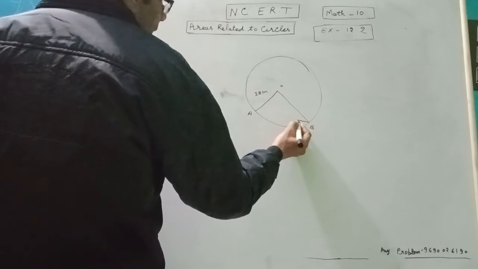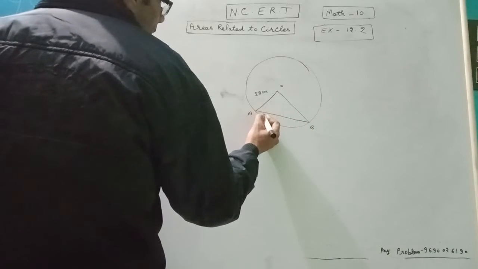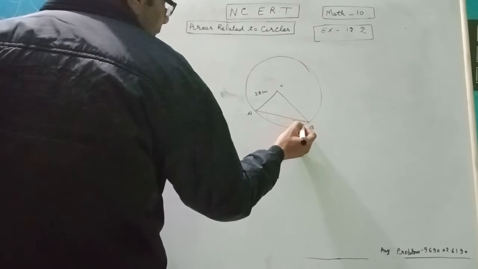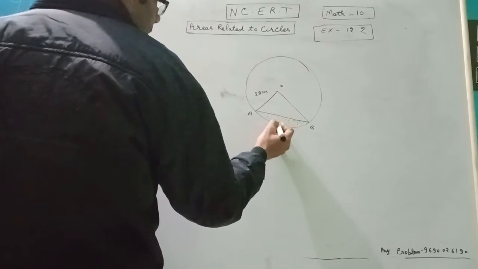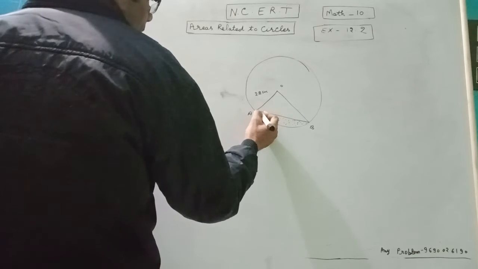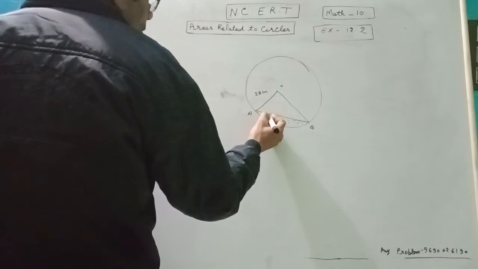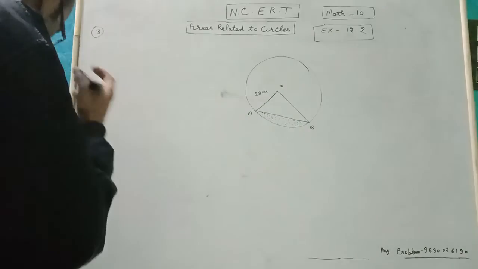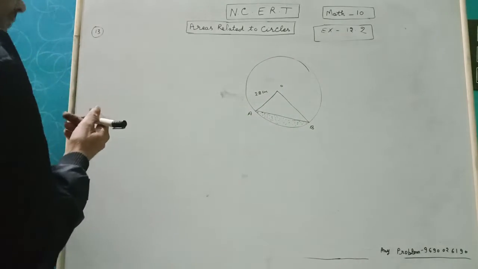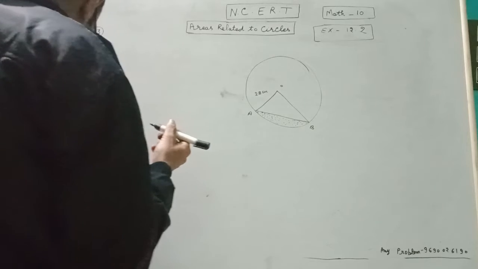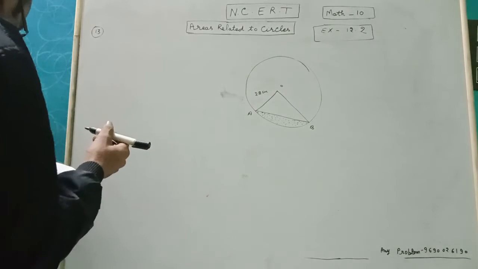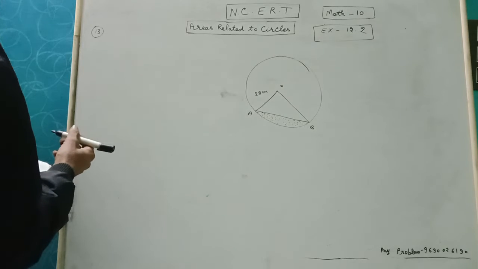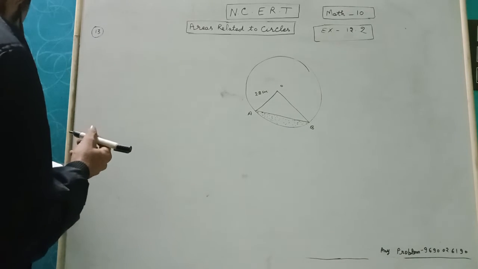We find the dotted part with the design, which means the area of the minor segment. Find the cost at the rate of 0.35 per centimeter square.